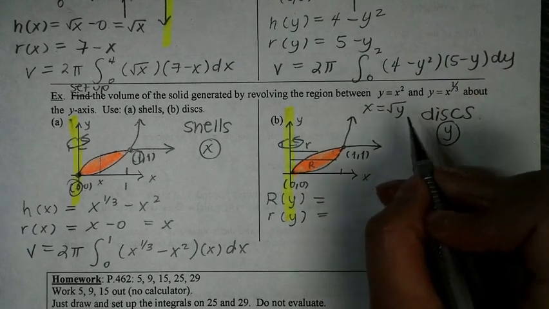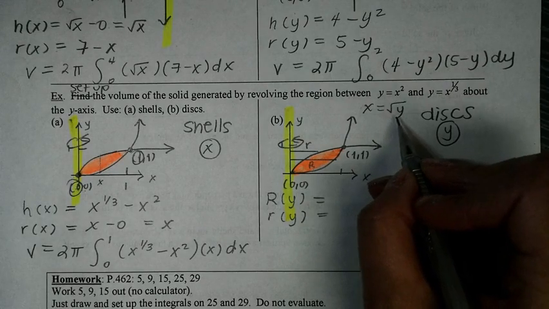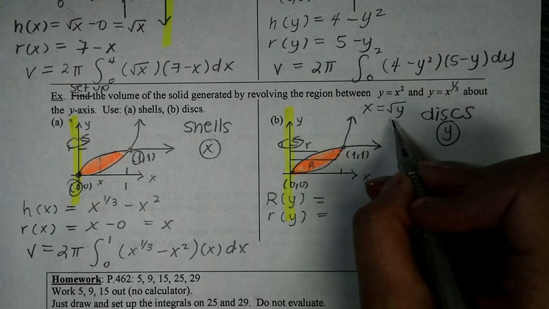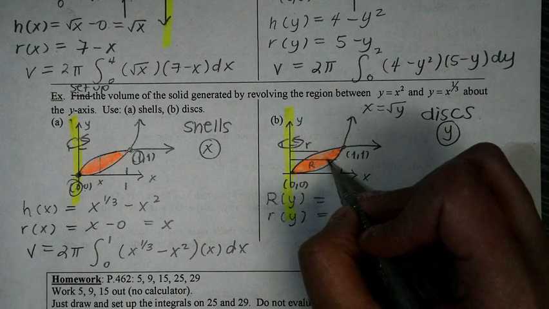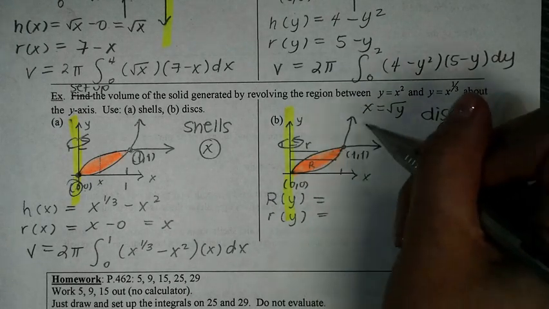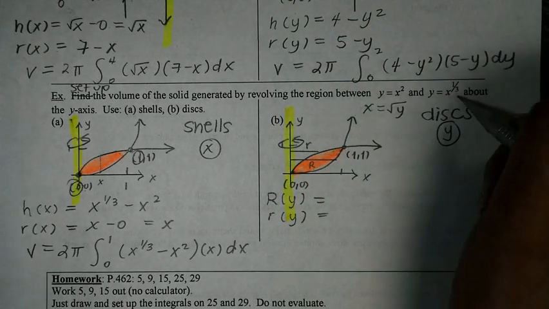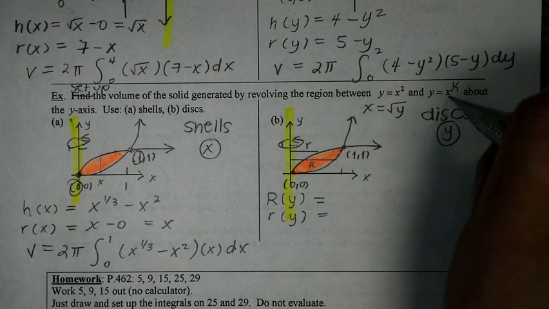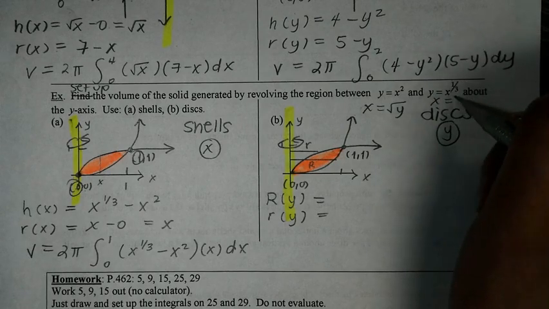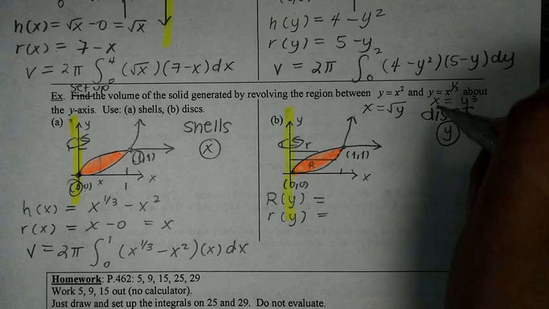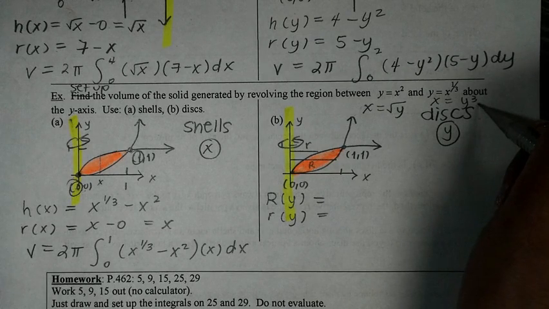You might ask why you are only selecting the positive side when it was plus or minus: because this is in quadrant 1. So this graph over here is x equals root y. On this side, to leave x alone, you cube both sides, so x is equal to y to the power of 3.